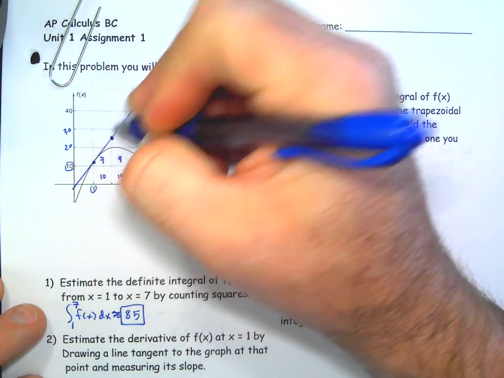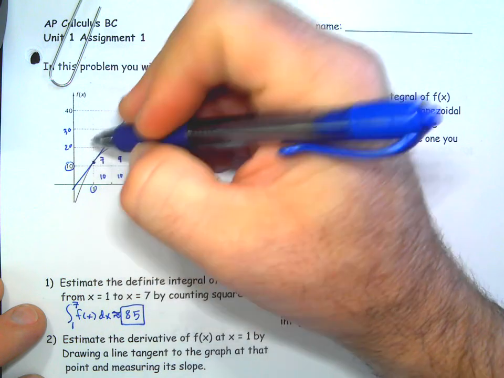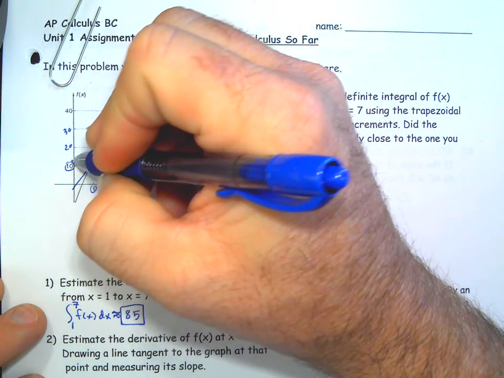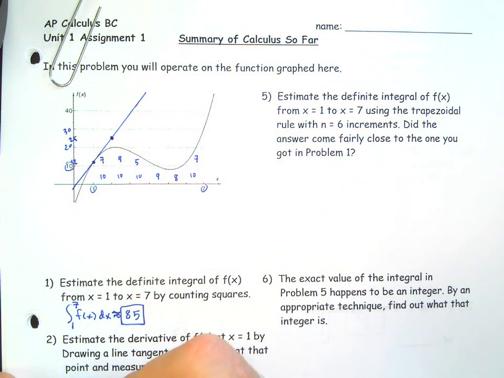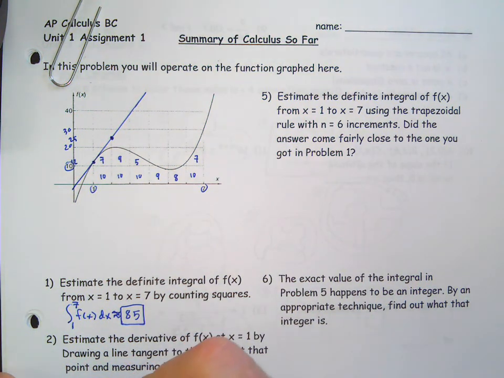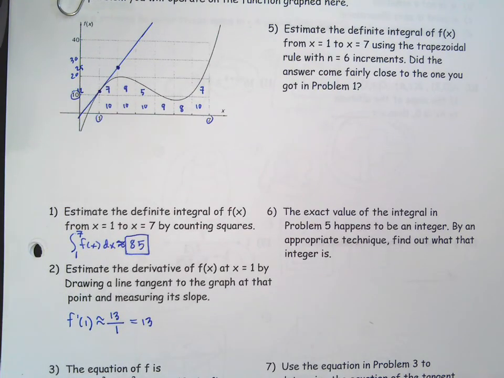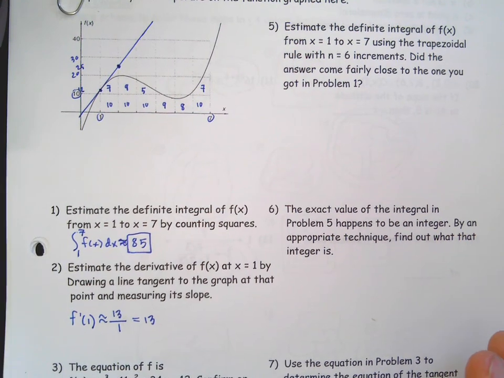Up, that looks like about 25. This is about 12, maybe. So you could say f prime of 1 is approximately 13 over 1. I had gotten 16. It really just depends on how you draw the tangent line and what you estimate the values to be, but probably somewhere in the neighborhood.